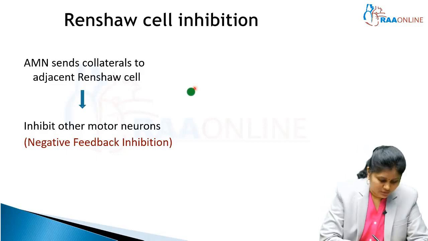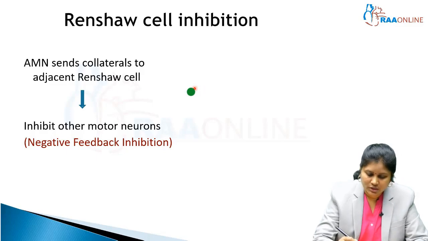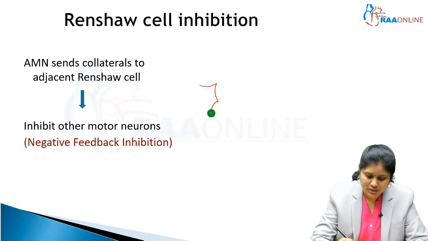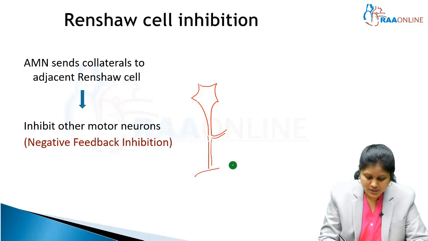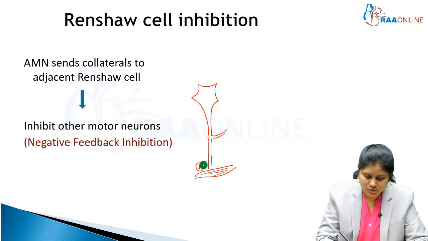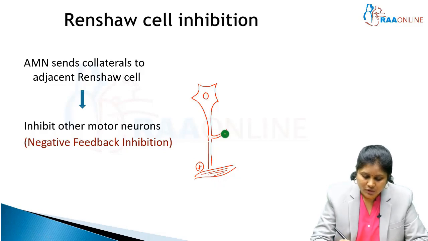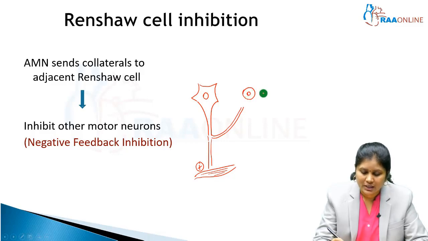For example, let me draw an alpha motor neuron. So, this is an alpha motor neuron. When it goes, it also gives a branch. This alpha motor neuron will innervate the skeletal muscle. Say this is a skeletal muscle fiber. When the alpha motor neuron is excited, this skeletal muscle fiber will contract. But it also gives a collateral, and that collateral ends in another small neuron called an interneuron.